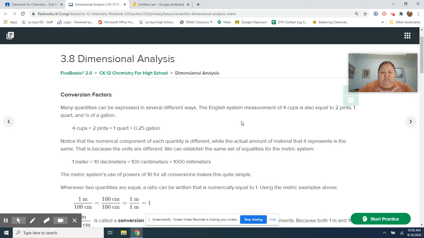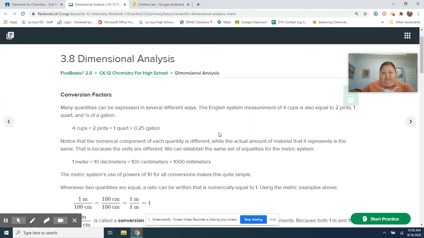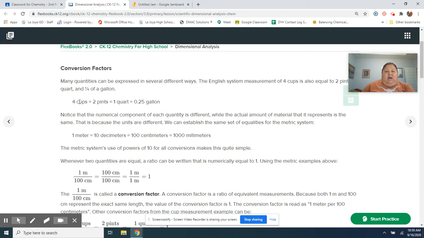Okay. The English system makes things so complicated. Why does the English system make things complicated? Well, because the numbers that are associated with some of our units aren't very easy to remember. Okay, and I was trying to highlight that because I wanted you to take notes, but it's not letting me, so it's okay.